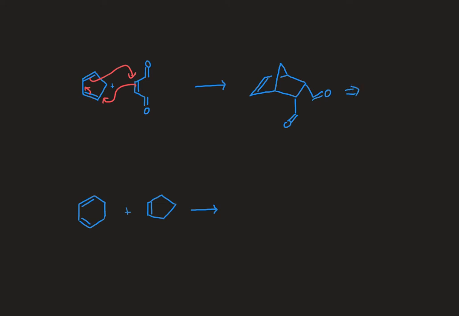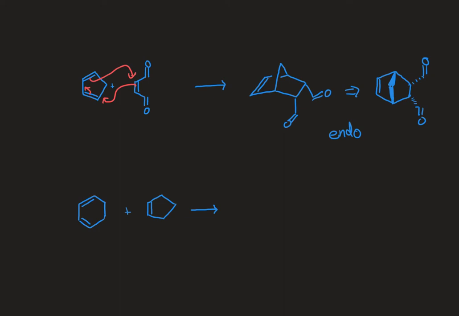Alternatively, you could draw it like this. Where my bridge is coming up and the substituents are going down. These are both the endo product and they are favored.